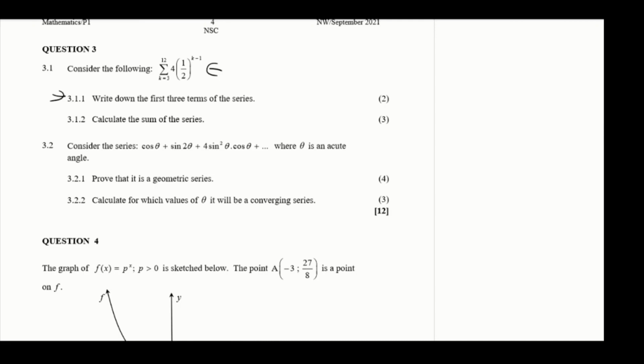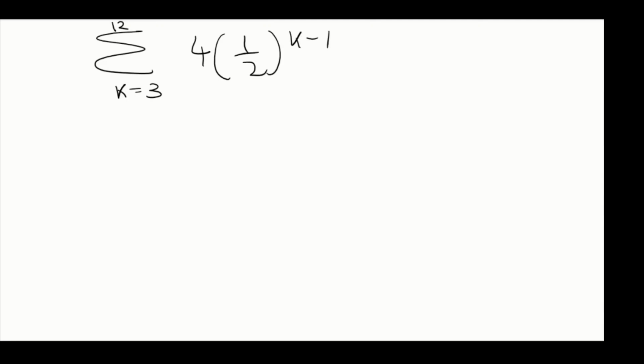3.1.1, we are asked to write down the first 3 terms of the series. The first thing we're going to do is write our sum. We are given the sum with 12 at the top and k equal to 3, so it's 4 into 1 over 2 to the power of k minus 1.